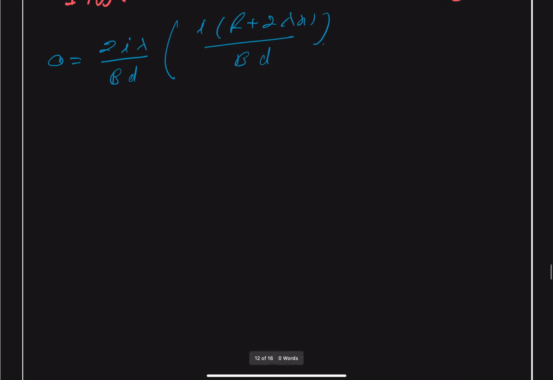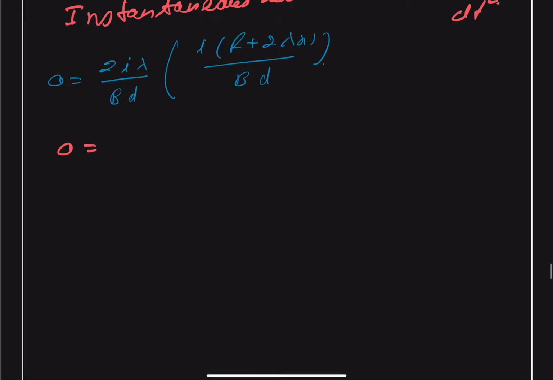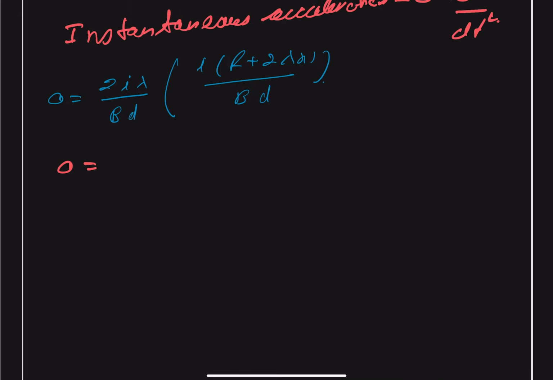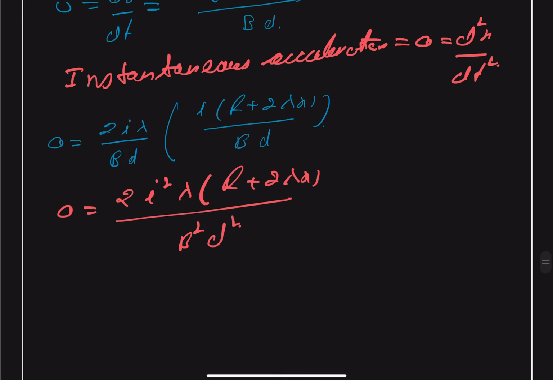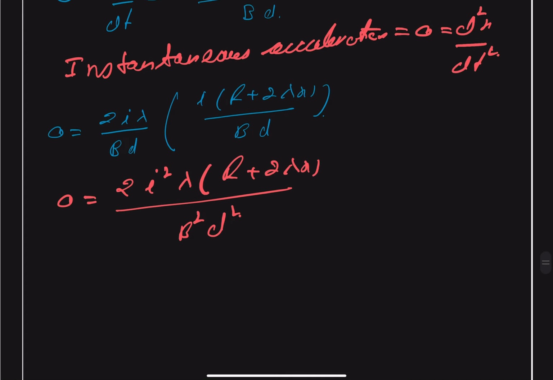So we get acceleration equal to 2 I squared lambda times (R plus 2 lambda x) divided by B squared and d squared. This is our acceleration A, which in another form can be represented as the double derivative of distance x.